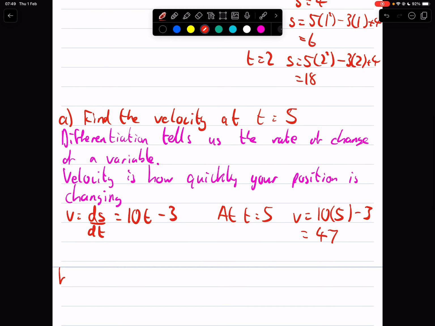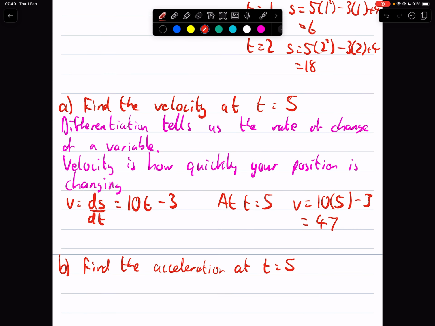And it can go further. You could find the acceleration at t equals 5. So acceleration is how quickly your velocity is changing.